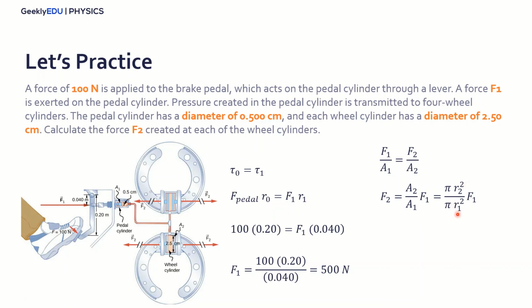Very good. We can then just add the values. We have the diameters here. We can add the values for the radius, okay? And find that F2 is actually 1.25 times 10 to the 4th newtons. So see how much we multiply the force just by changing the size or the area that we apply this force, okay, using a fluid.